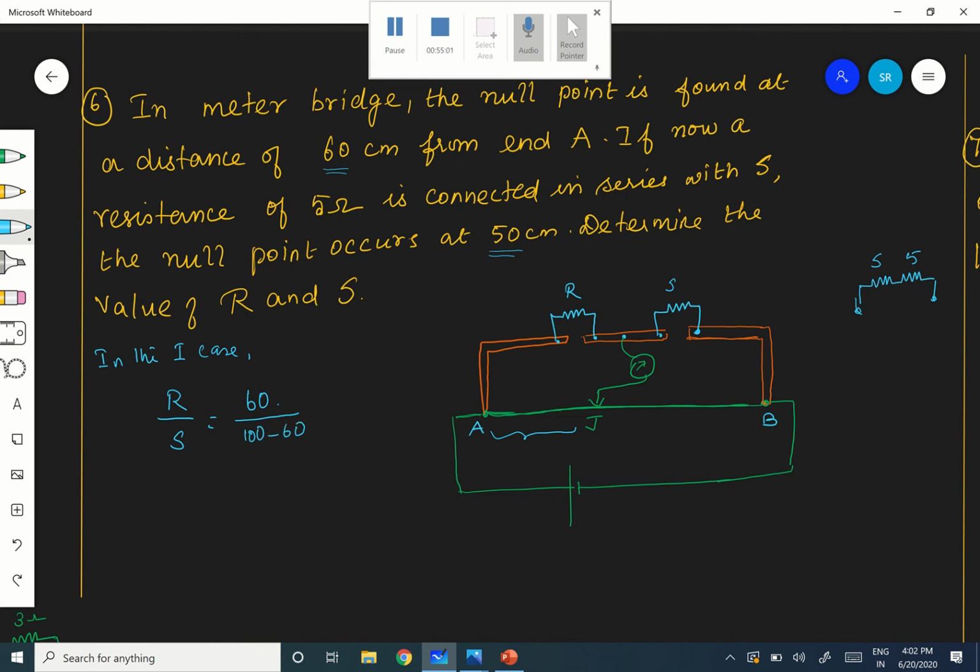Are you following? Into R will be there. If R is the resistance per unit length, therefore 60 into R divided by 100 minus 60 into R. R and R will get cancelled. Therefore, you will be getting 60 divided by 100 minus 60.